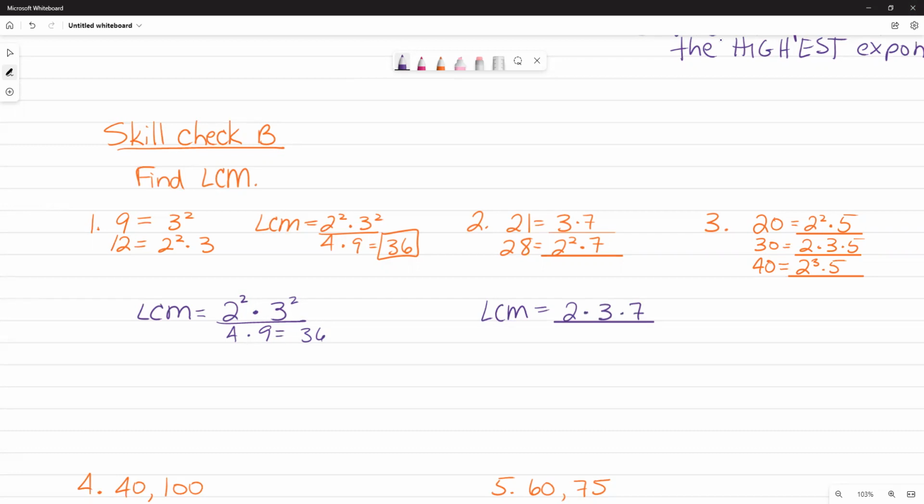Then you go back and look, which ones have a high exponent? Well, 2 is the only one that has an exponent given. So we know the others are the understood 1. And then you just simplify. So this is 4 times 3 times 7, which is 12 times 7, which means that the least common multiple of 21 and 28 is 84.